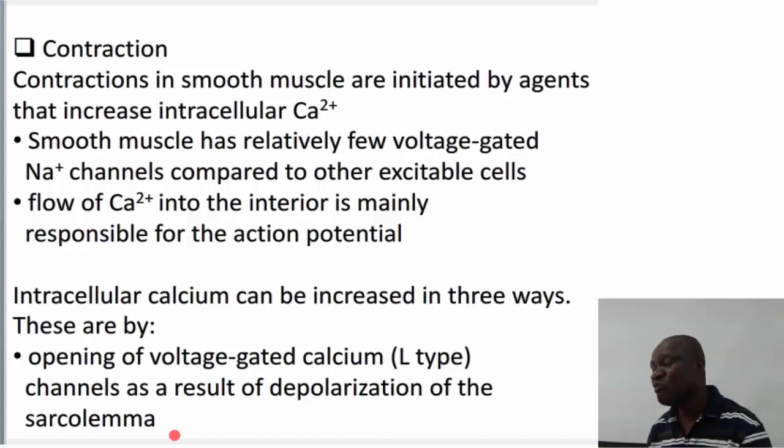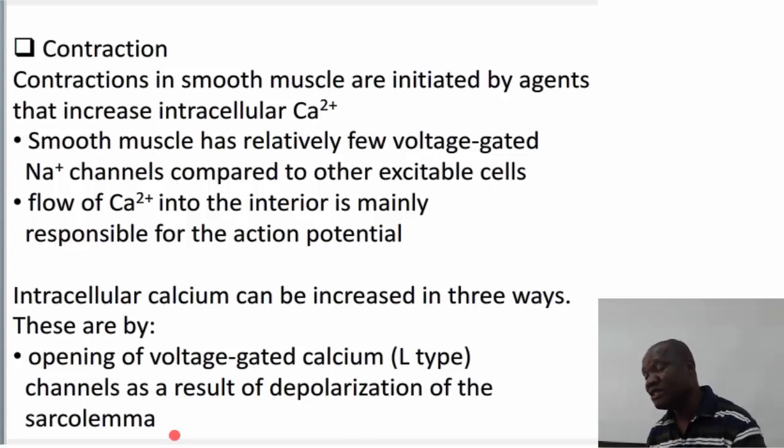The smooth muscle has few voltage-gated sodium channels compared to the other excitable tissues. Flow of calcium into the cell is the main means by which the smooth muscle becomes depolarized.